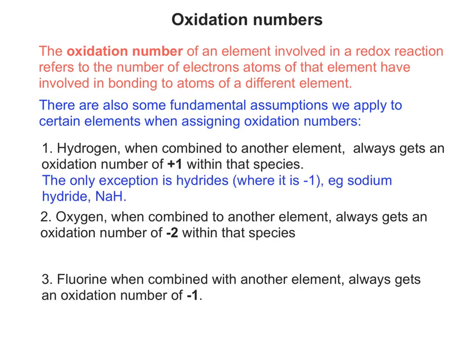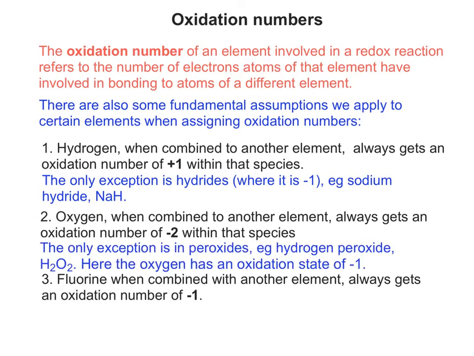The one exception for hydrogen is where it occurs in a hydride, such as in sodium hydride. There's one exception for oxygen as well, and that's in peroxides. The commonest peroxide you'll come across at A level is hydrogen peroxide, and here the oxygen has an oxidation state of -1 instead of -2. And you'll be glad to know that there are no exceptions to the rule for fluorine.